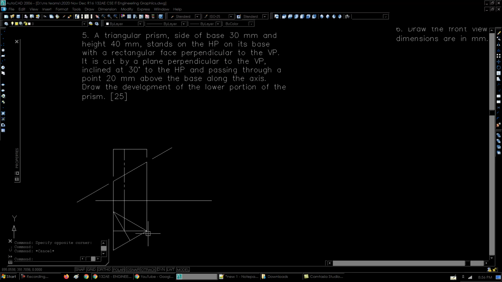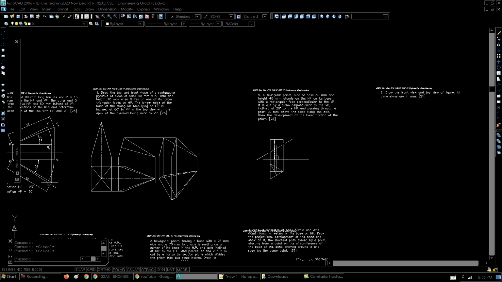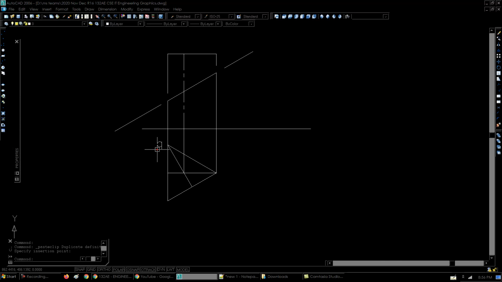Let us start with this point over here, or else it's better of course to start with the lower points. Okay, let us start with that, but before that we'll have to give it some names. So let me start with this point as A, this point as B, and finally this point as C.